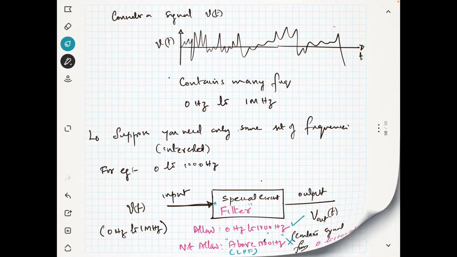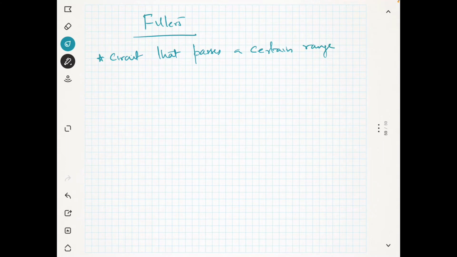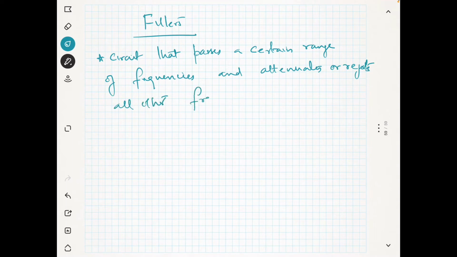So what is a filter actually? Today's topic is filters. Filters are circuits that pass a certain range of frequencies, and they attenuate or reject, which means they do not allow, all other frequencies.